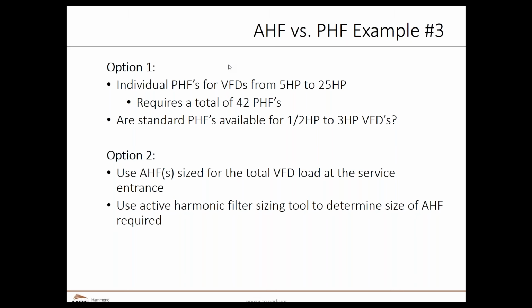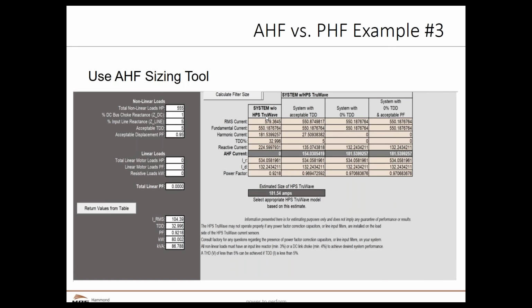The other option would be to use a single active harmonic filter for the total VFD load, or to use 3 active harmonic filters, 1 per MCC. Again, we can use our active filter sizing tool to determine the current rating required. We know that the total horsepower of the VFDs is 555. We've got minimal or no DC link inductance.